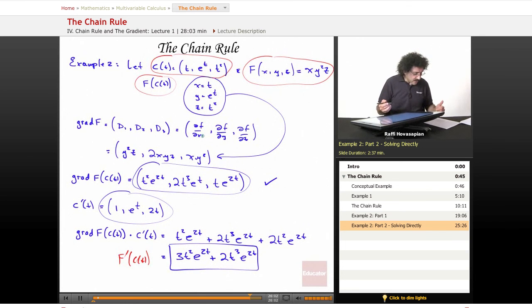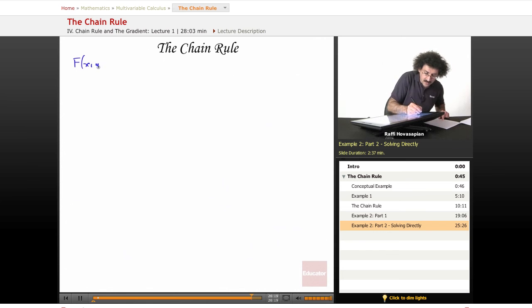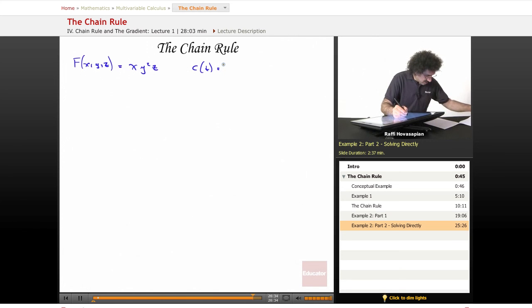So let's go ahead and actually do it directly just to confirm that you can. And I think it'll shed a little more light on this relationship between the curve and the function. So let's do this in blue again. We said that f of x, y, z is equal to x y squared z. And we said that c of t, let's just rewrite it, was t, e to the t, and t squared.